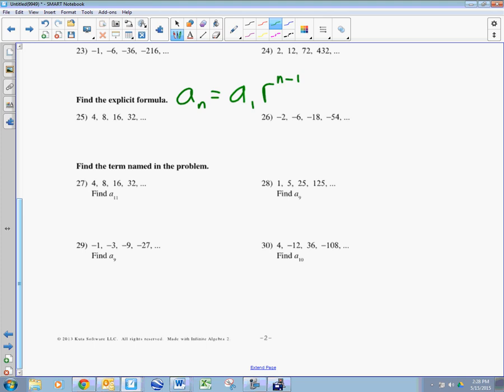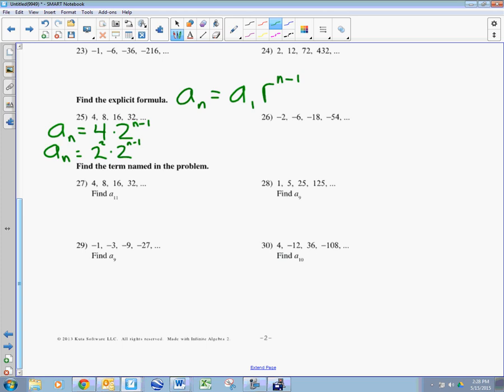Okay. Find the explicit formula. Well, a sub n is equal to the first term 4 times, what's the ratio? 2 to the n minus 1. This is an acceptable answer. However, some of your books will write it differently. They will say 4 can be written as a base of 2. A sub n is equal to 2 squared times 2 to the n minus 1.